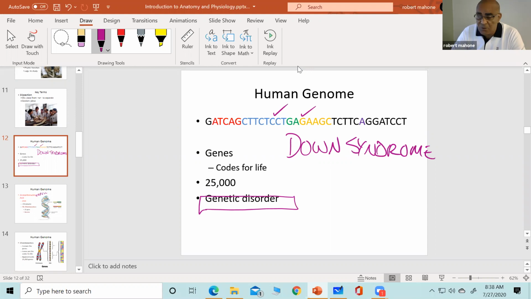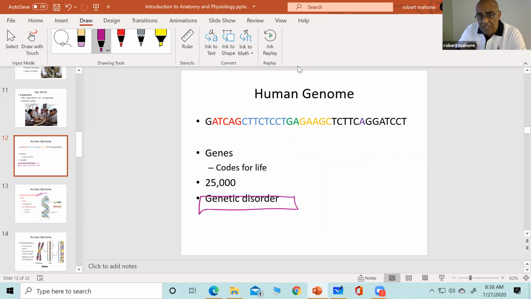It's a genetic disorder. Now, if there is a genetic disorder out there that you get from your parents, we would call that then hereditary. So that's the difference between those two. A genetic disorder is any disorder that happens because of your genes.